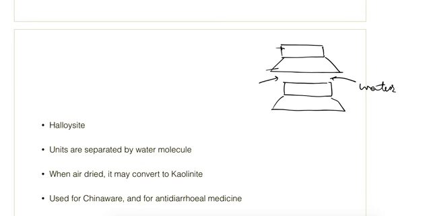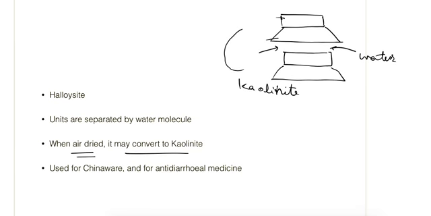If we heat this mineral, the water may be removed and it may convert into kaolinite, and even if it is air dried it can convert to kaolinite. Halloysite and kaolinite both are used for china ware and for antidiarrheal medicines. In this case also the thickness is 7 angstrom.